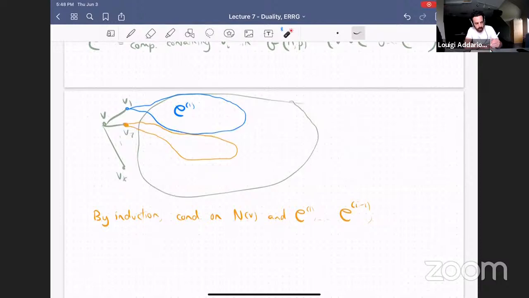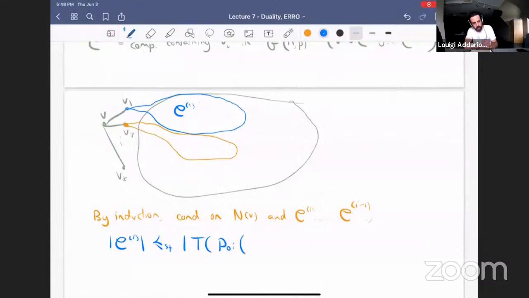So ci is stochastically smaller than the size of a Poisson Galton-Watson tree, whose parameter now I'll call n_i, so n_i minus 1 over c.